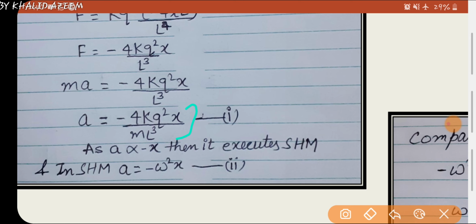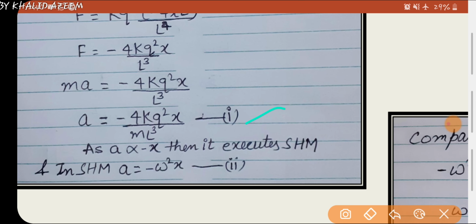As you can now see, the acceleration is directly proportional to the negative of displacement x, so it will execute simple harmonic motion. This is the condition of SHM: acceleration should be directly proportional to the negative of displacement, and in SHM acceleration is given by a equals minus omega square x.